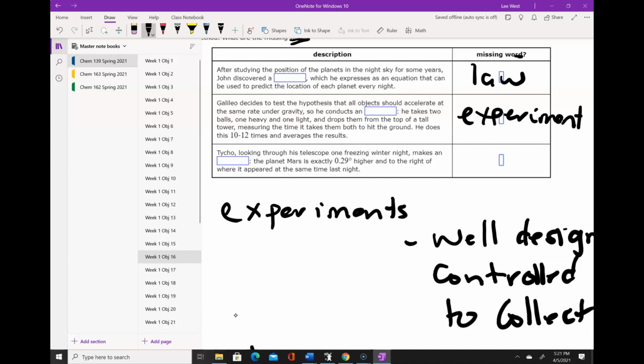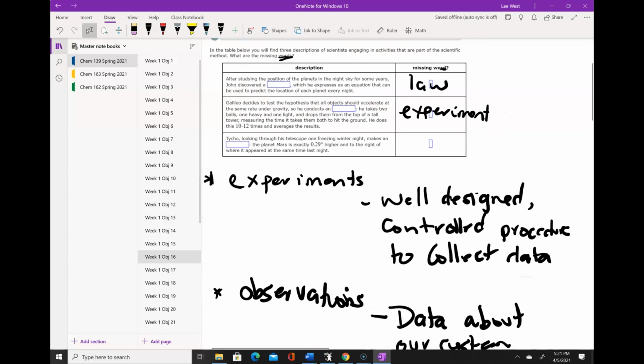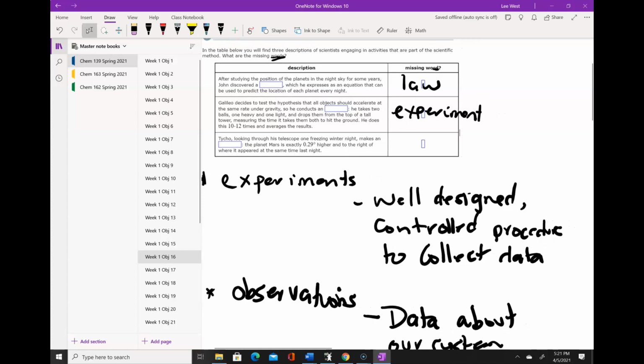They are observed, and they are proposed and things like that, but they're not conducted. Okay, so then it describes his experiment. He takes 2 balls, one heavy and one light, and drops them from the top of a tall tower, measuring the time it takes them both to hit the ground. He does this 10 to 12 times and averages the results. And clearly it's a well-designed, controlled procedure to collect data, right? So it meets the criteria of experiment.